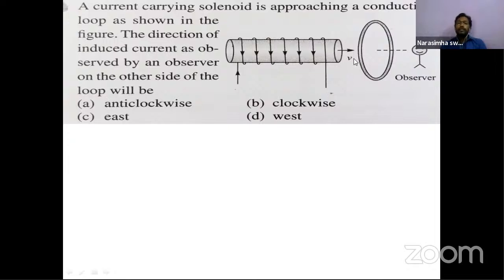There will be a change in magnetic field. The flux changes, so through the ring the number of lines of force changes, and while it is coming closer it will increase. Then how does it look for the direction? The direction of the induced current observed by the observer on the other side of the loop.